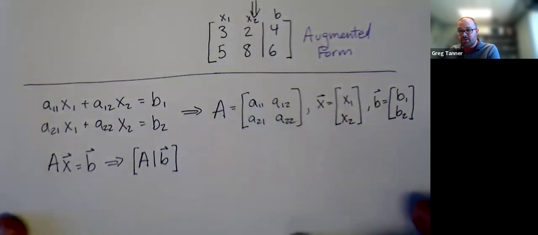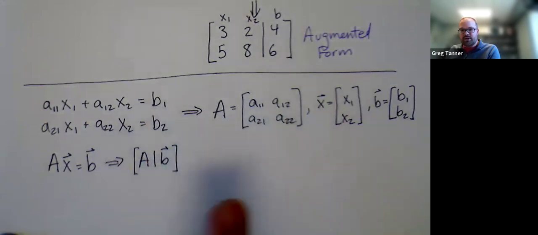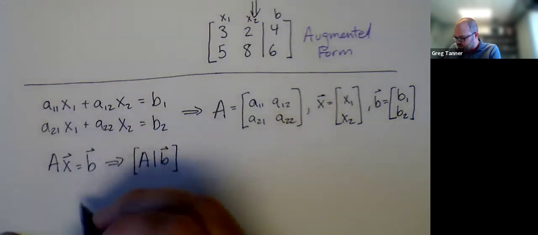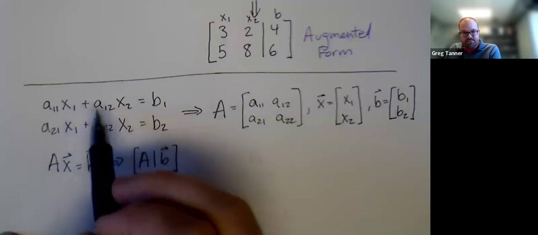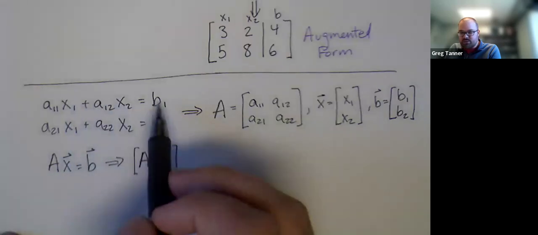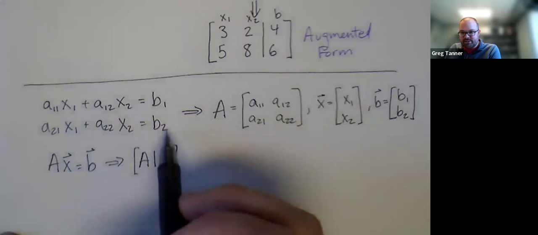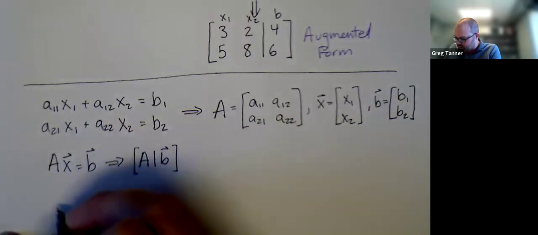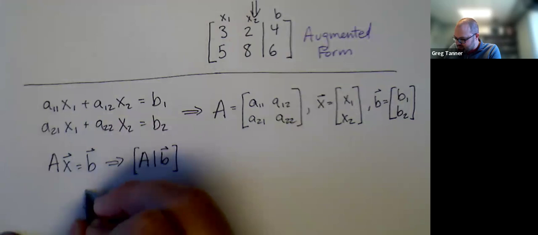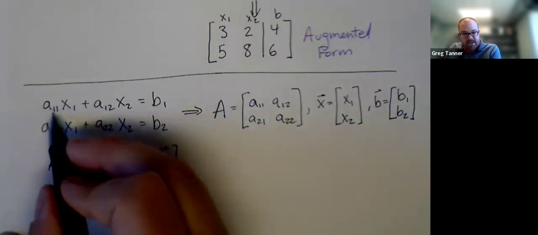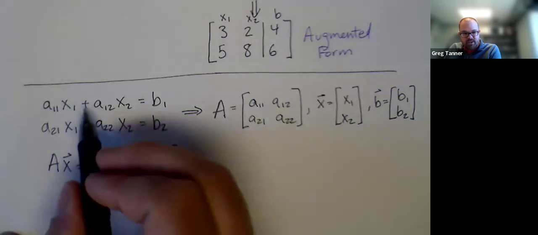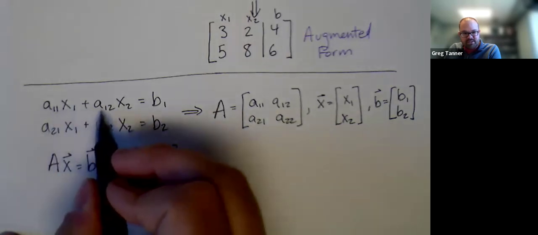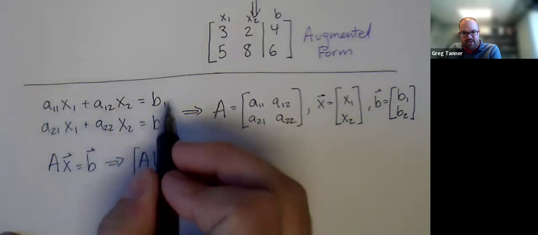I'll write one other equivalent way of writing this system, which is summation format. If I think about what's going on here, I'm taking an A times an X plus an A times an X, and that's equal to a B, and then I repeat the process here. I can use some indexes, and maybe I'll have i as my first index that tells me which row I'm in. Notice the first index of both these A's is 1 here, and then the B has an index of 1.